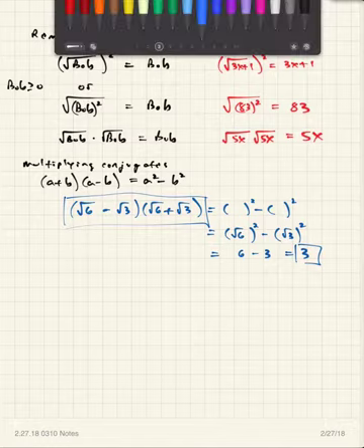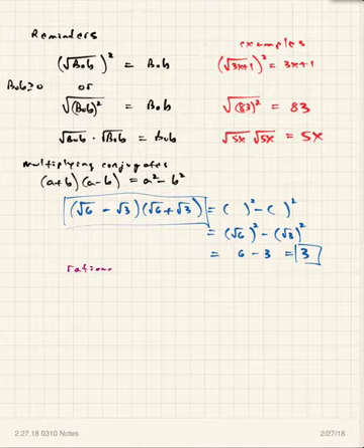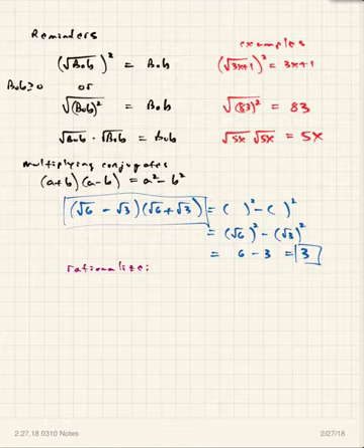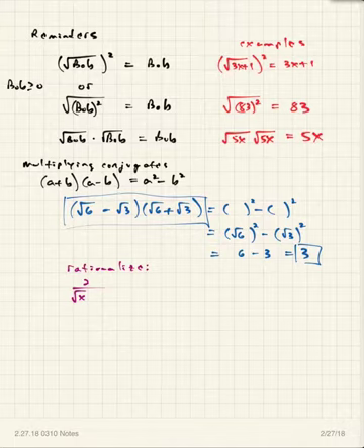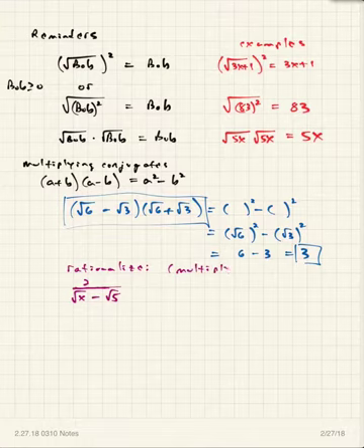And so that comes up for us when we're rationalizing denominators, when you have an addition or a subtraction problem in the denominator. So if you have 2 over the square root of x, let's say, minus the square root of 5, and you want to rationalize this, what do you do? You multiply by the conjugate of the denominator.